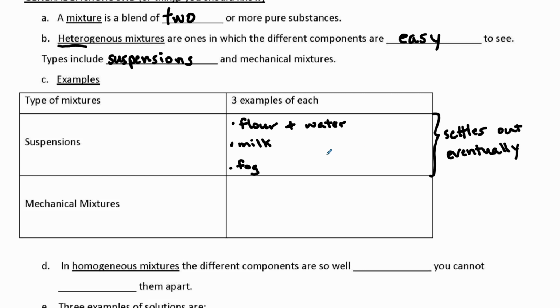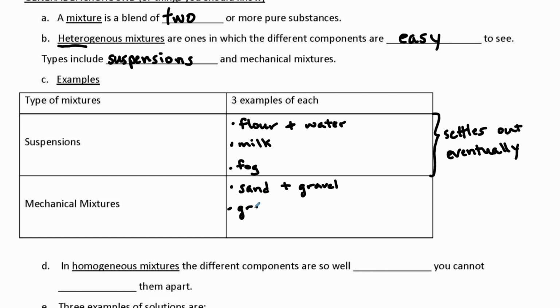So these are suspensions. Mechanical mixtures are more like just physically mixing 2 substances together, and you could actually physically separate them as well. So sand and gravel, for instance, you can clearly pick out the 2 components, and if you wanted to, you could pick the pieces of gravel out.